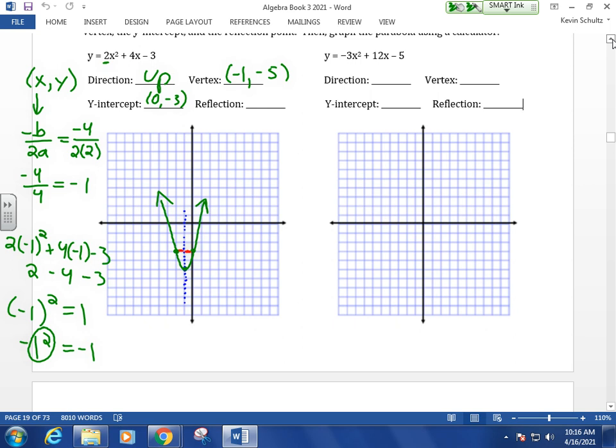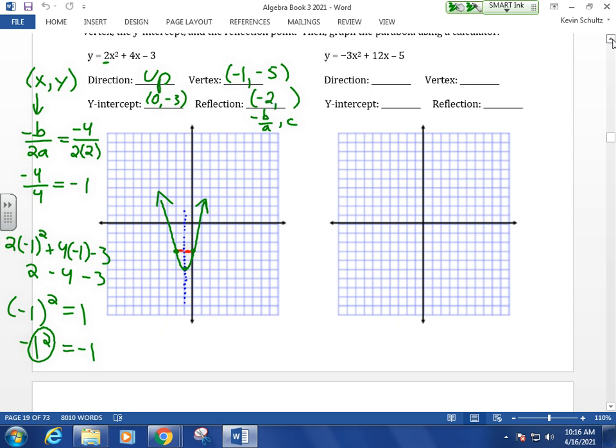Using the mathematical way for that reflection point, remember we said that it was -b over a and c. Well, -b over a essentially means we're doubling our vertex x value to be -2.